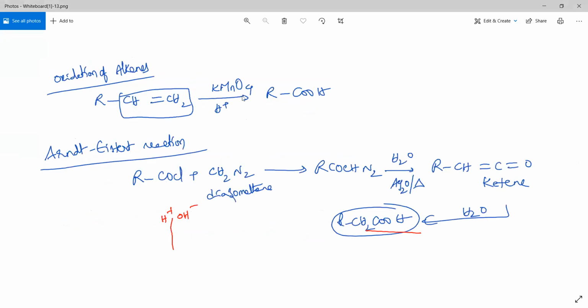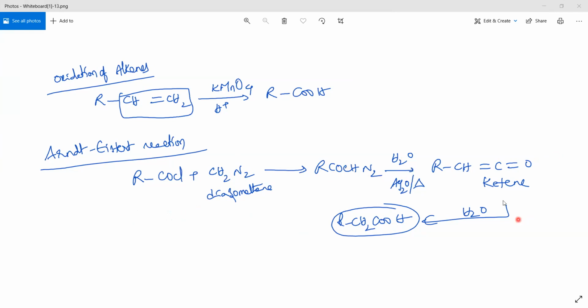Next, oxidation of alkenes. Terminal alkenes give you carboxylic acid. Next one, Arndt-Eistert reaction. When acid chlorides are treated with diazomethane, CH2N2, you will get RCOCHN2, followed by hydrolysis.